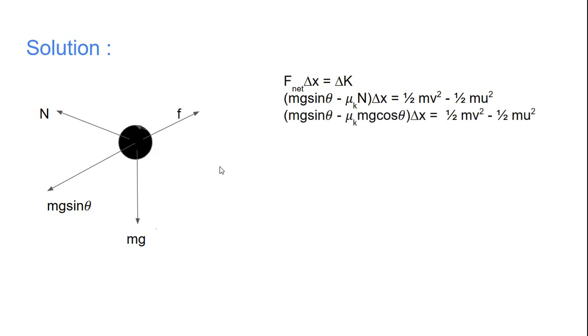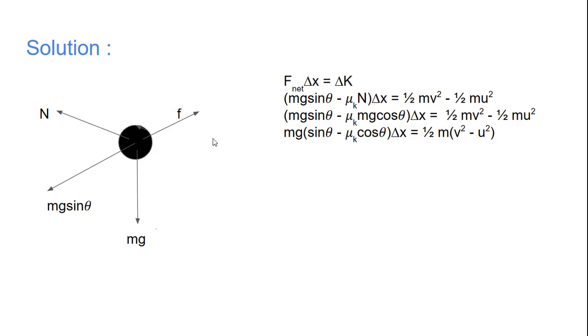On the left-hand side, mg is common to both terms, so we can factor mg out. So we have mg times (sine theta minus mu k cos theta) times delta x equals half m times (v squared minus u squared). I just factored out the m on the right-hand side.